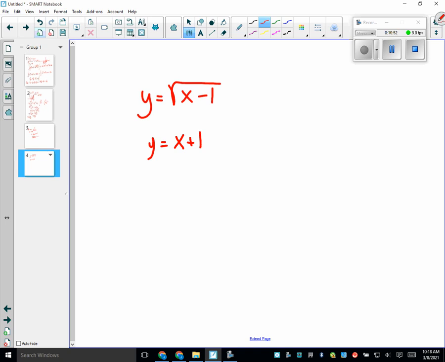And it is generated about the line y equals 3. Set up the integral, but do not solve.